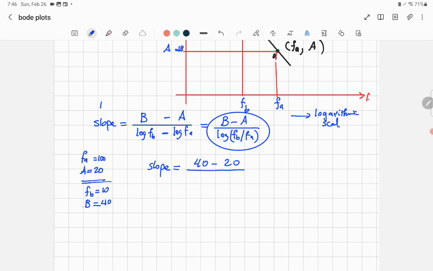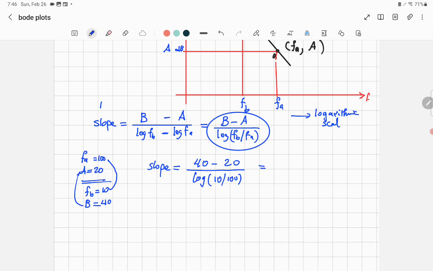I subtract this value from this value, and then divide by the difference of the logs, log FB minus log FA. Write it nicely: log of FB over FA, which is 10 over 100.